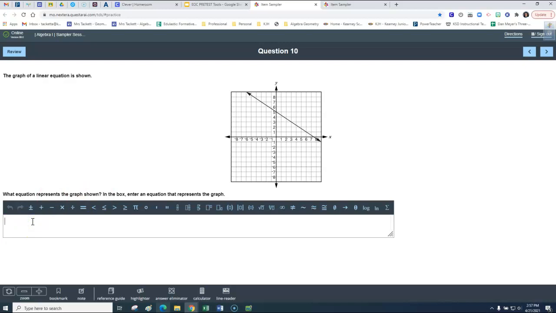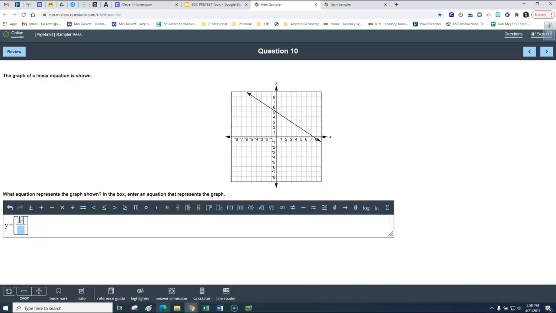All right, so whenever we do this, we've got to enter a y, and I'm going to just come down here and click on it. So enter y, then equals. You can put the equals in here if you want, but it's also on your keyboard. So then it's -2/3. You want to use this, so I'm going to put that there, and I'm going to go over to it and put it up above.